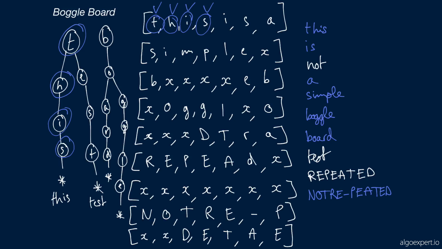And now we want to explore the next clockwise neighbor of our S node, right? Which is this diagonal right neighbor. But we don't want this I to be marked as visited because we're no longer going through this top branch. We're going through this sort of top diagonal branch, right? And you can imagine there might be a string in our list of words.